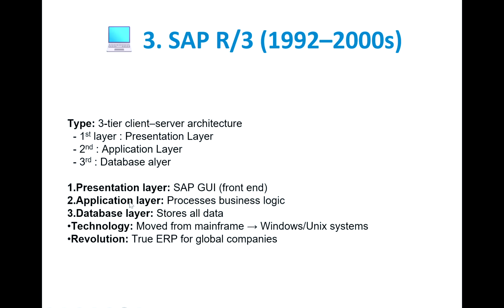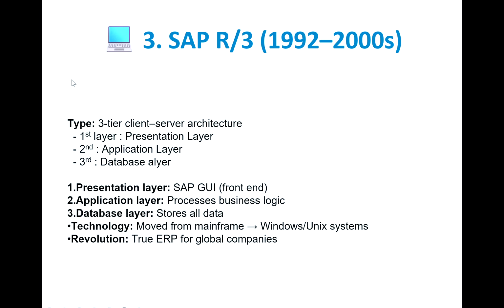The application layer processes business logic, and the database layer stores all the data. It runs on mainframe and Windows, Unix systems. This was a revolution in ERP for global companies. It is the kind of architecture that global companies expected.